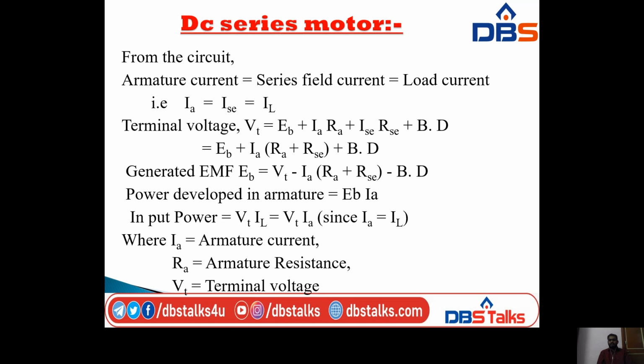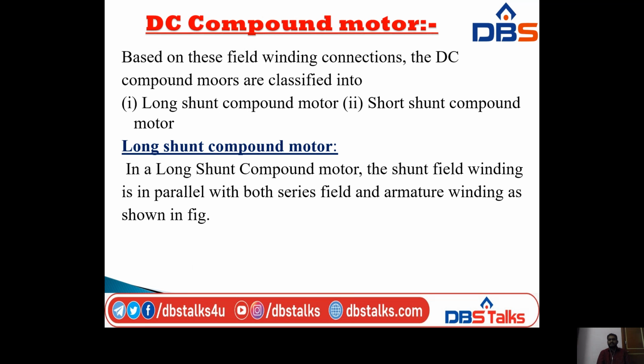In the place of IL I am substituting Ia, since Ia is equal to IL in the series motor. You know that already, where Ia is the armature current, Ra is the armature resistance, and Vt is the terminal voltage. So this is for the DC series motor. And next I am taking the DC compound motor.